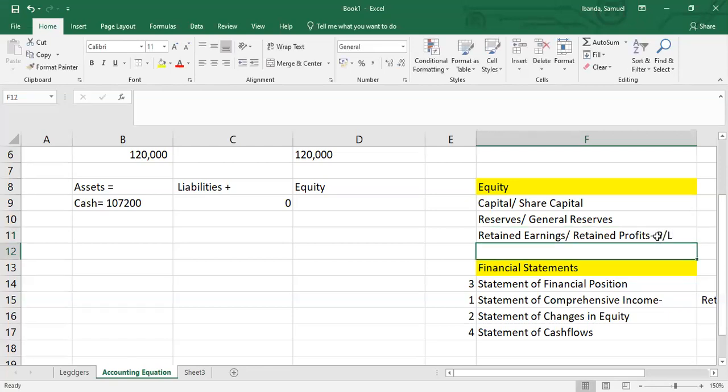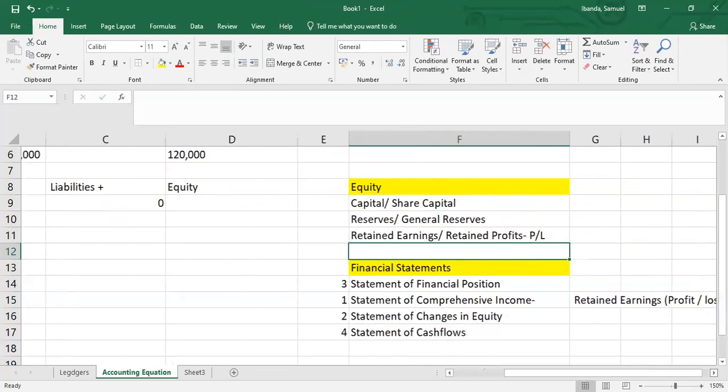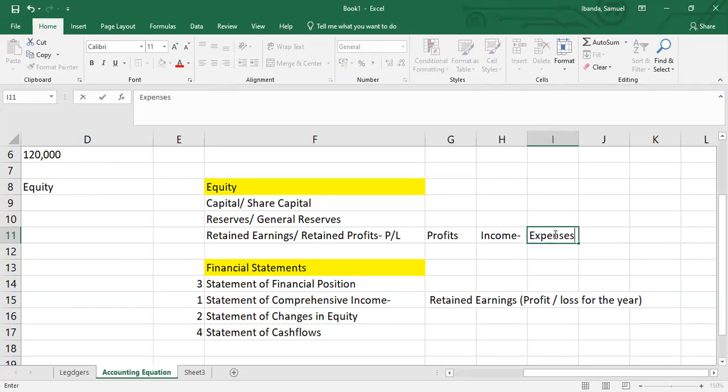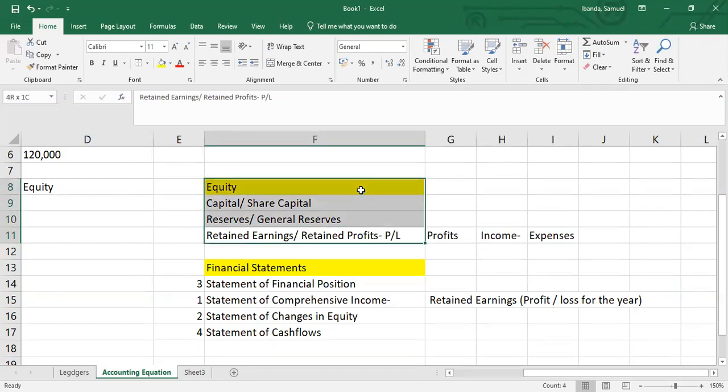Now, remember, for you to calculate profits, when you're drawing up your statement of profit and loss, the profits are looking at income less expenses. You get it? So the higher the profits, the higher the equity.